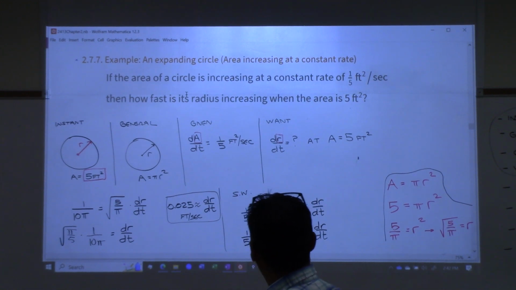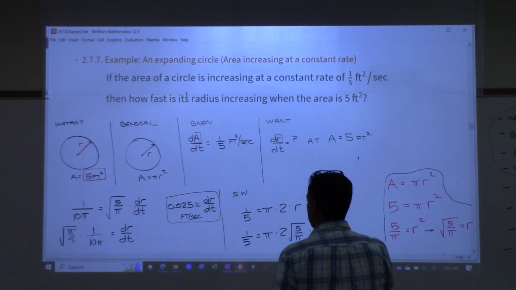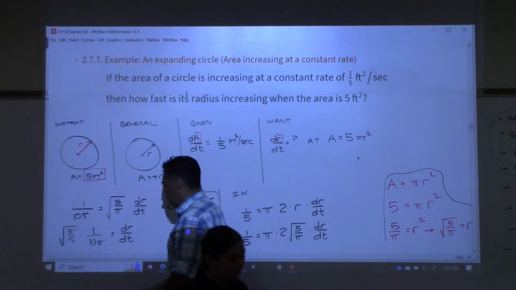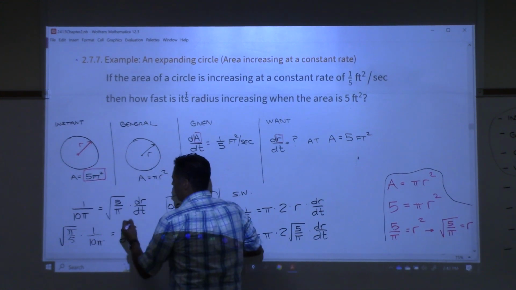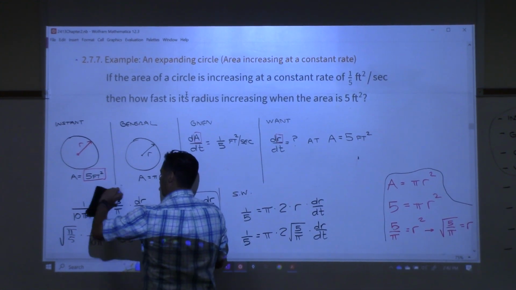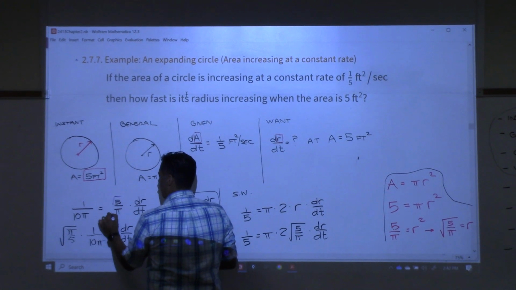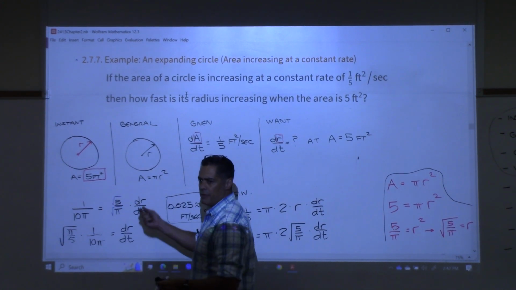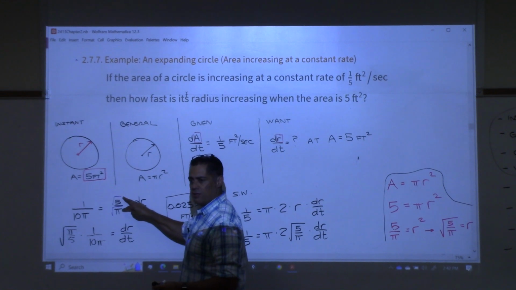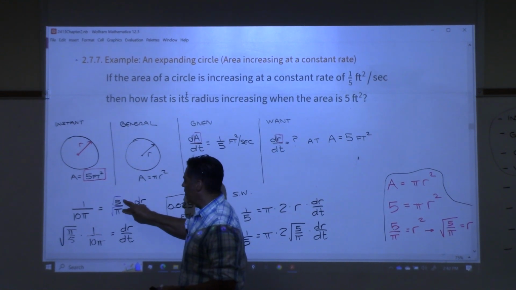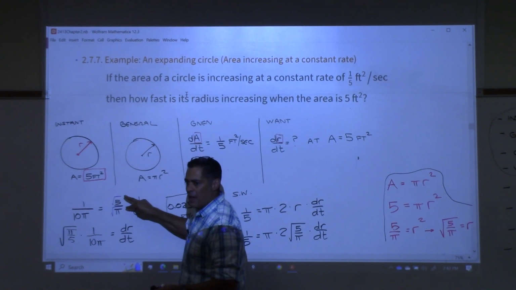Can you explain the last part? This right here? Yeah. So what I'm doing here is I'm looking at this as really being that. Like a root of a fraction, you can break it into 2 roots. And then to get rid of this fraction, I multiply by the reciprocal. So that flipped over.